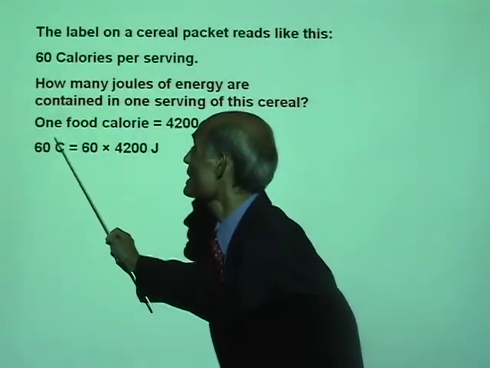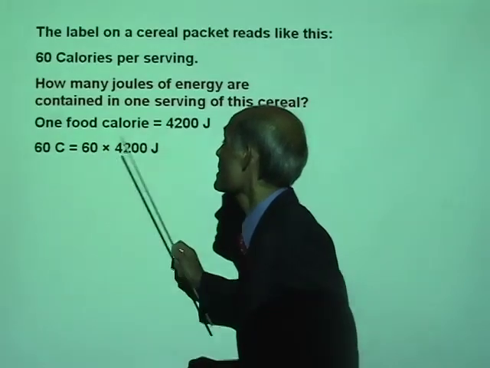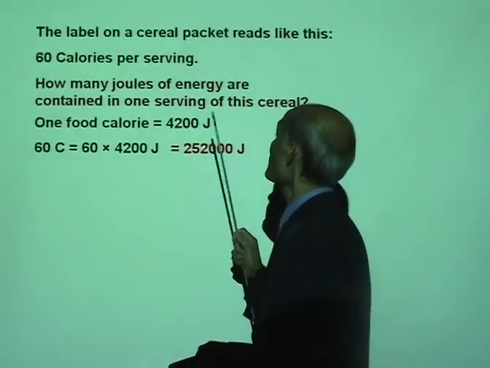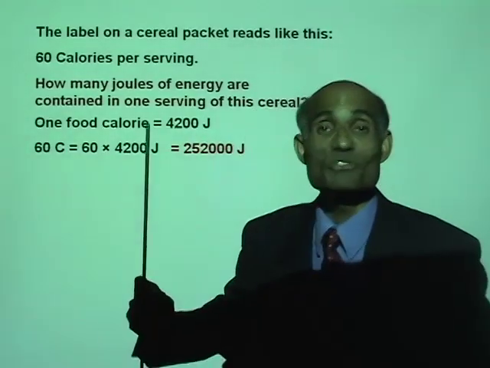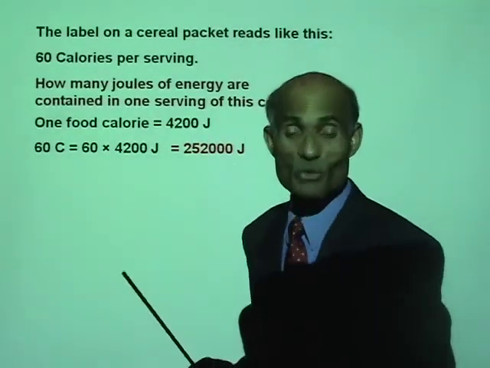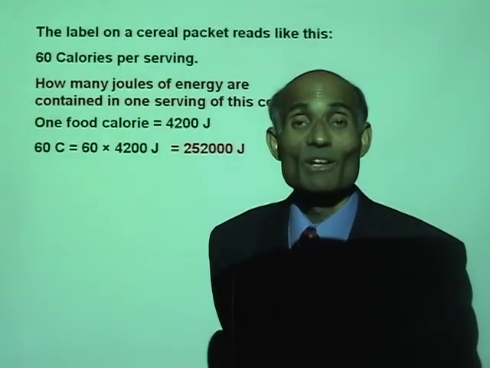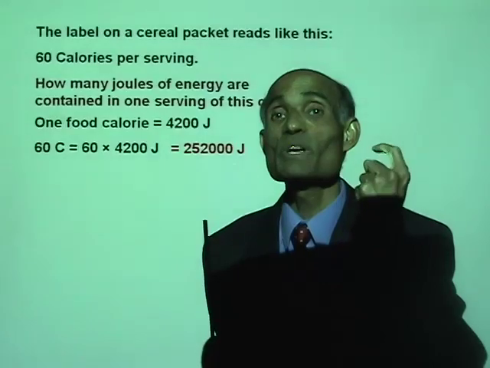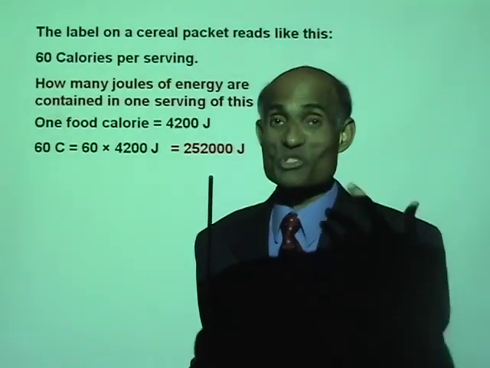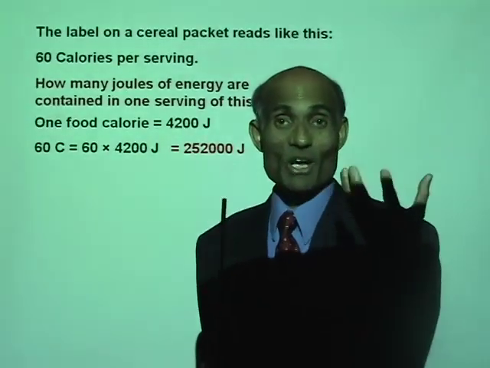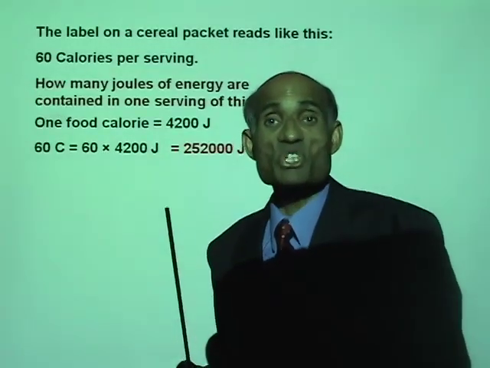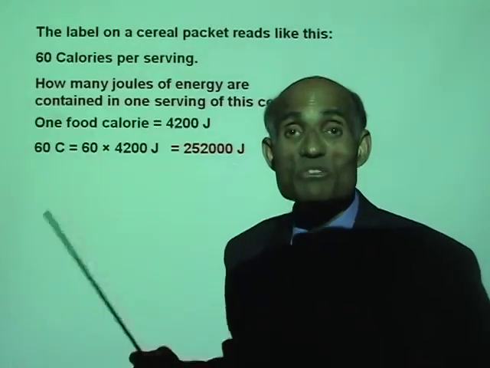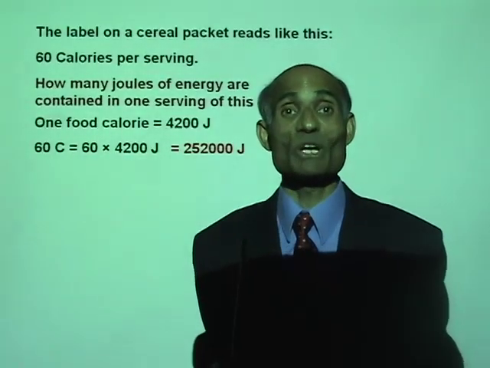Therefore, 60 food calories is 60 times 4,200. That is 252,000 joules of energy. When you eat that breakfast cereal that is labeled 60 calories per serving, one serving is not a large quantity. A lot of people eat 2 or 3 servings at the same time. You can imagine the amount of energy that food will give you.